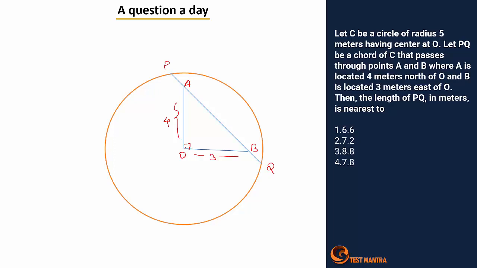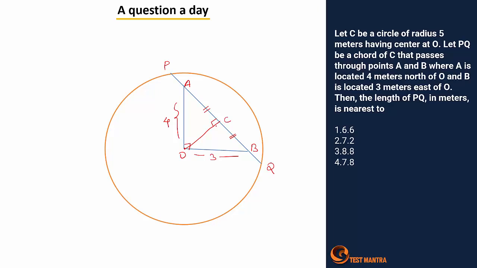So first thing is, from this center I'll drop a perpendicular here, and this perpendicular will definitely bisect the provided chord. Let's name this one as C for the time being. That represents PC should be equal to CQ.